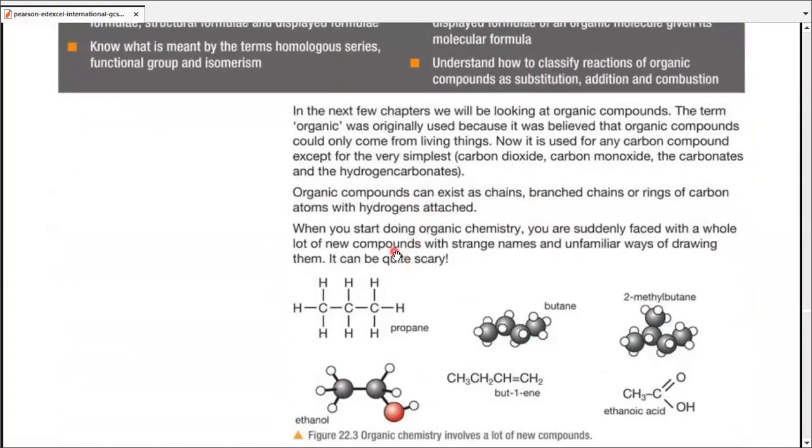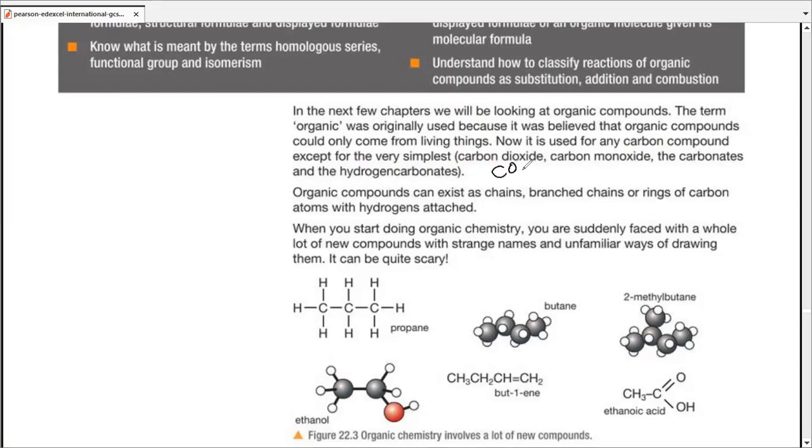So, if we start with the term organic, the first belief was that organic compounds could only come from living things. But when we started understanding these compounds, we found that the term is used for any carbon compound except for the very simplest. There are some carbon compounds which are not included in organic chemistry.